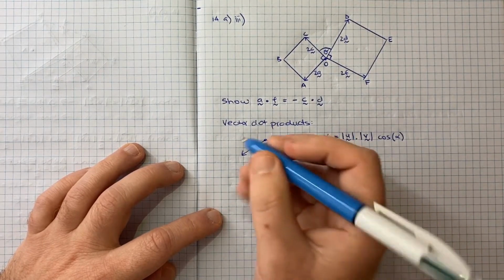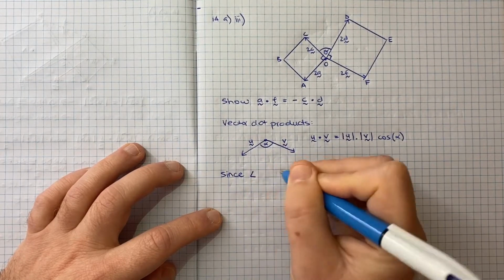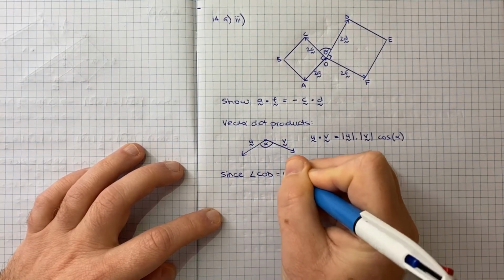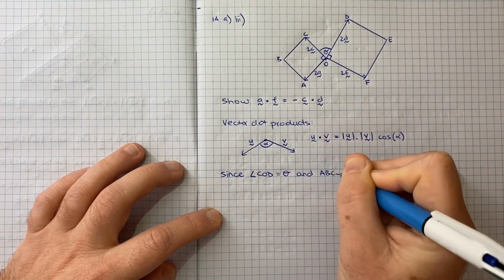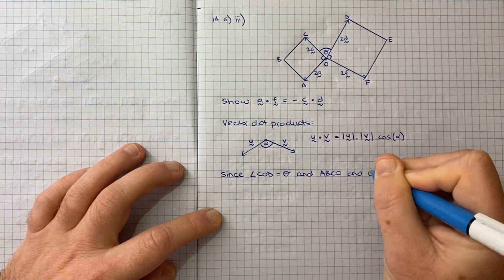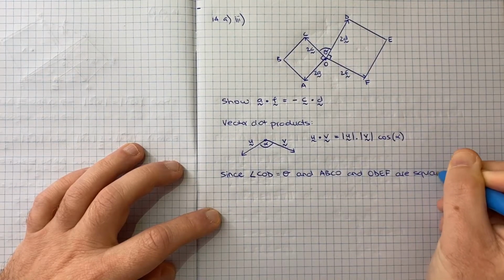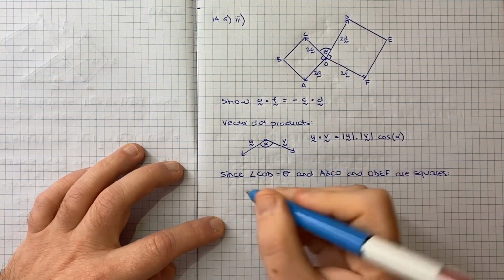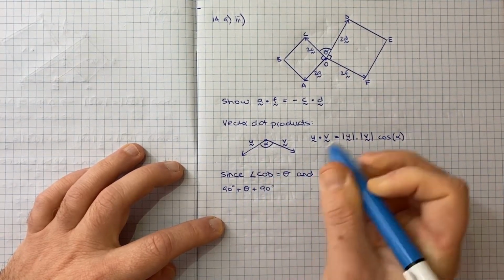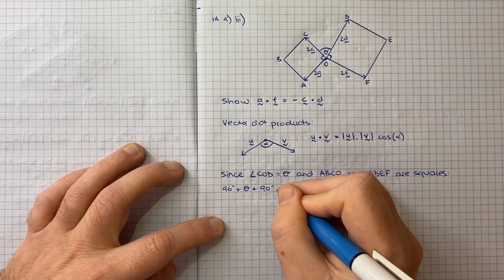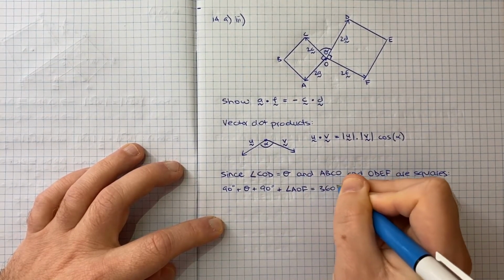We can write, since angle COD equals theta and ABCO and ODEF are squares, then we can say that 90 degrees plus theta plus 90 degrees plus angle AOF is all going to be 360 degrees.